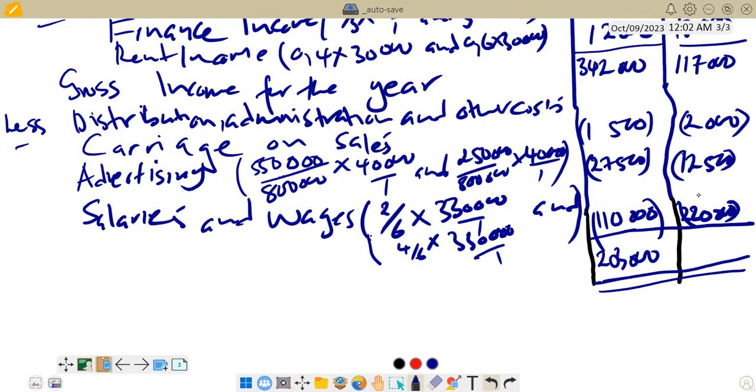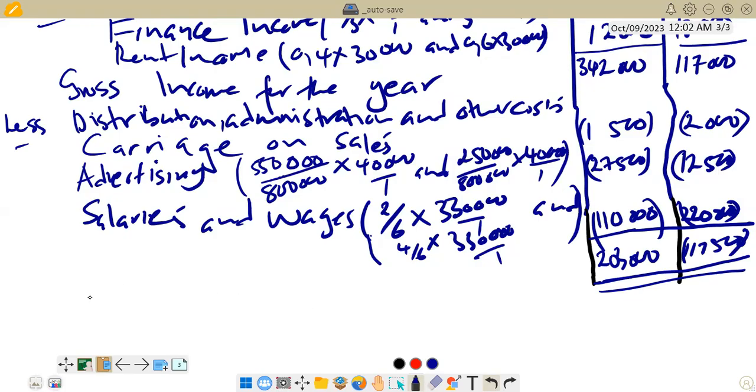Then the other one, you say 117,000. You subtract 2,000. You also subtract 12,500 and subtract 220,000. You are supposed to get a negative figure of 117,500. So this one is a negative. We leave it in brackets to show that it's a negative figure.